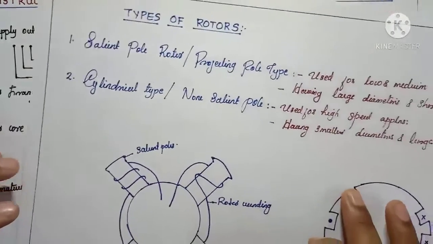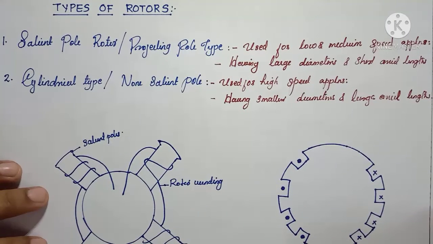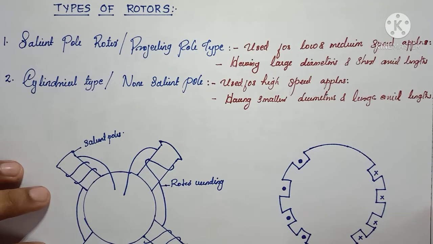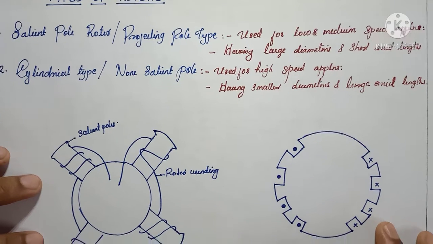The first one is the salient pole type rotor or projecting pole type rotor, and the second one is the smooth cylindrical type or non-salient pole type.